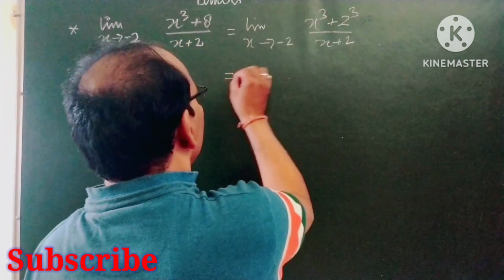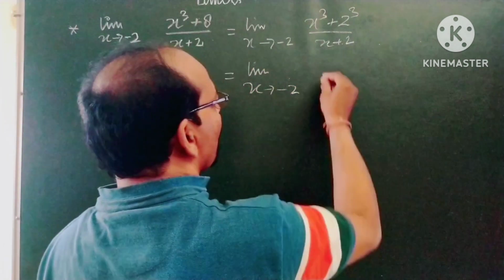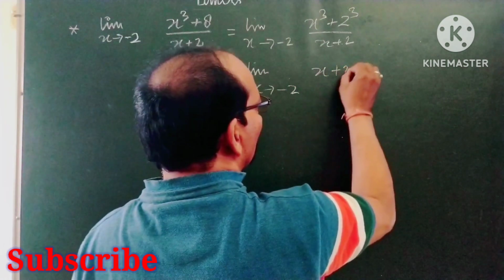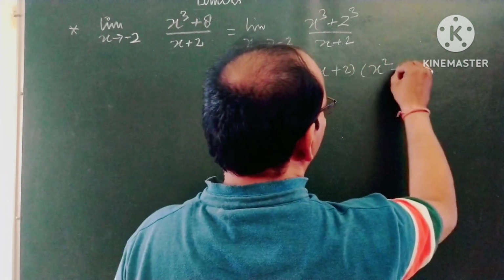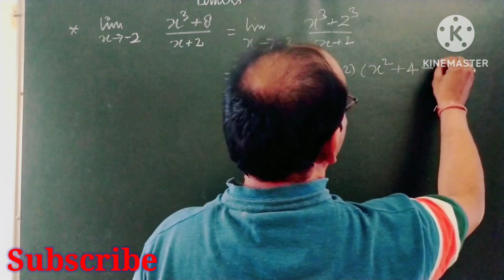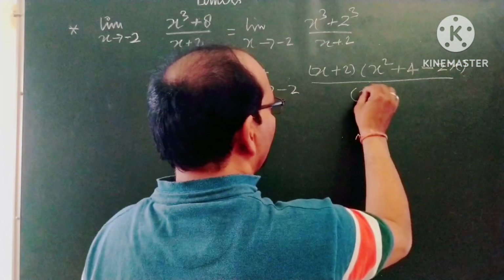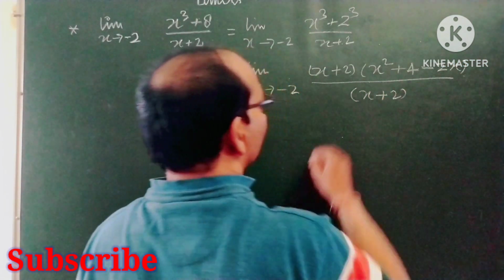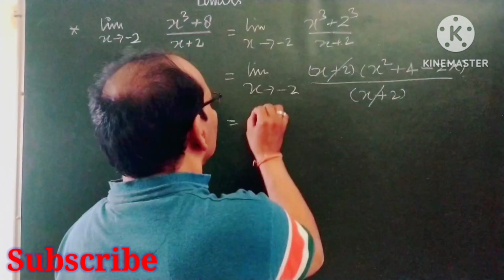After that there will be limit x tends to minus 2 of x plus 2 and the second bracket x square plus 4 minus 2x, and the denominator x plus 2. The x plus 2 and x plus 2 will be cancelled.